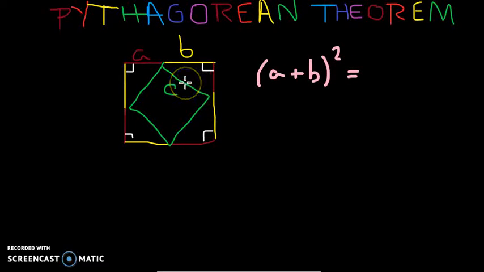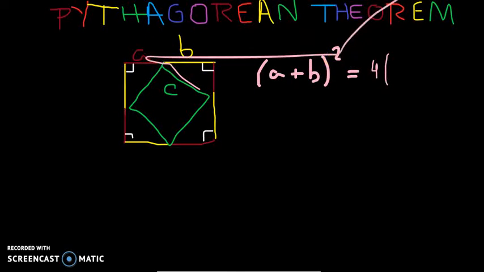We can say that the area is also equal to the area of all the triangles plus the area of the square in the middle. That will also give us the area. So we can set this equal to what I just said. We can do 4 times the area of a triangle, which is 1/2 times base times height.